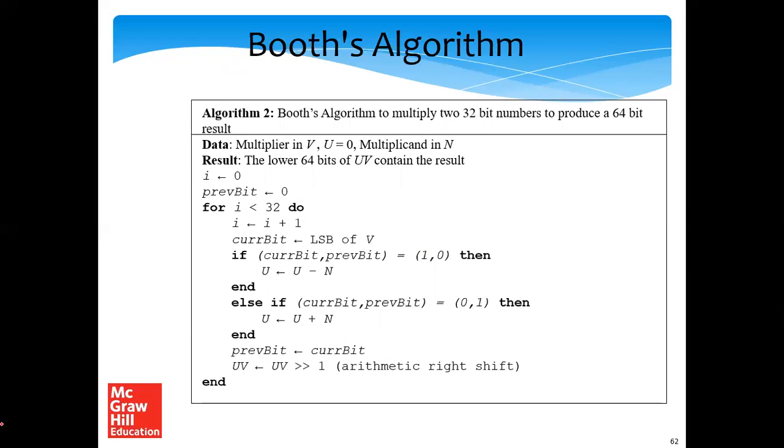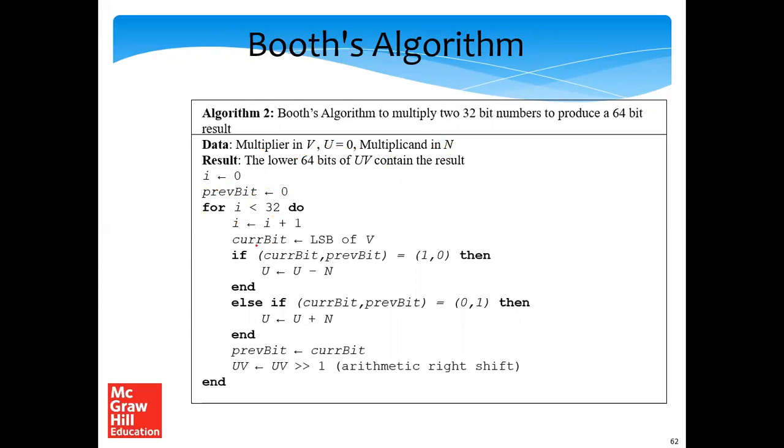This is the basic Booth algorithm to multiply two 32-bit numbers to produce a 64-bit result. Like in the iterative algorithm, the multiplier is in V, U has all bits 0, and the multiplicand is N. First, I is assigned 0, and the previous bit is 0.